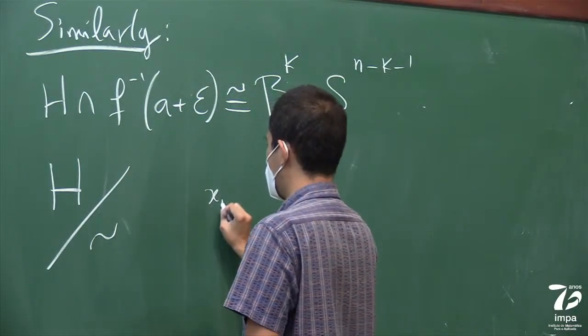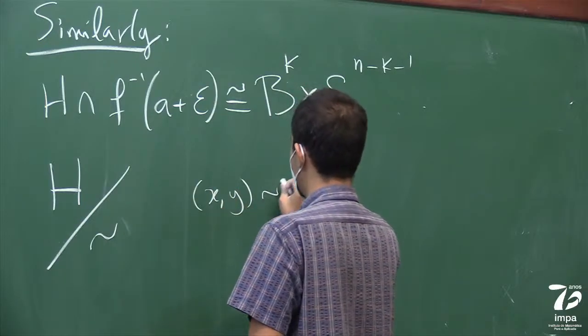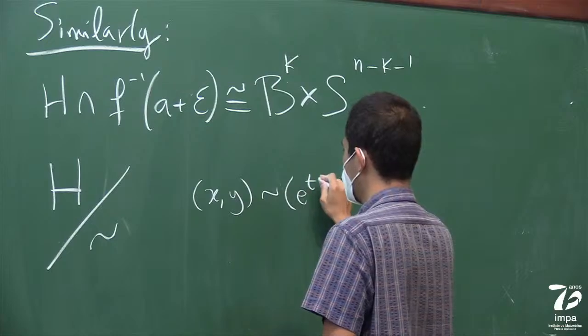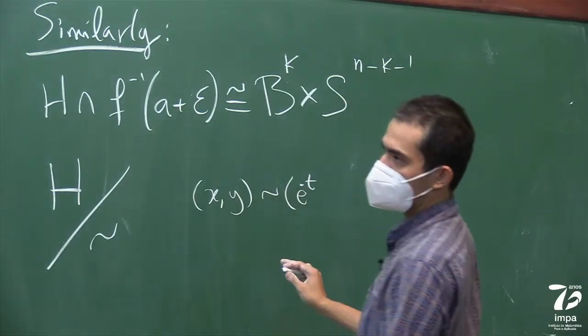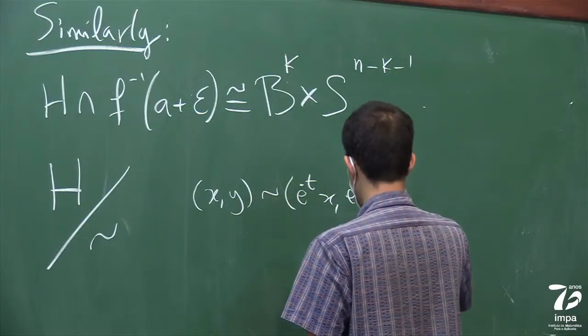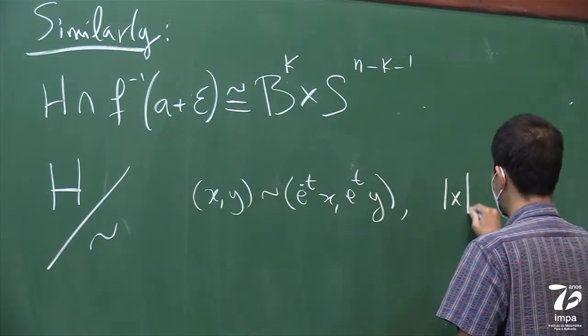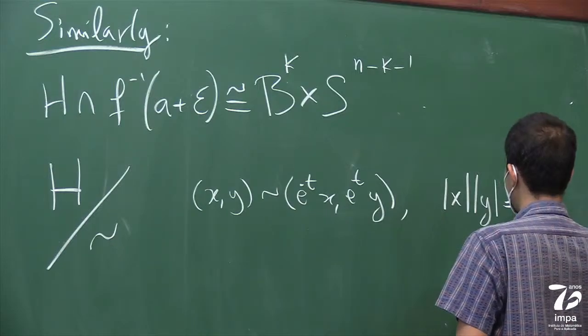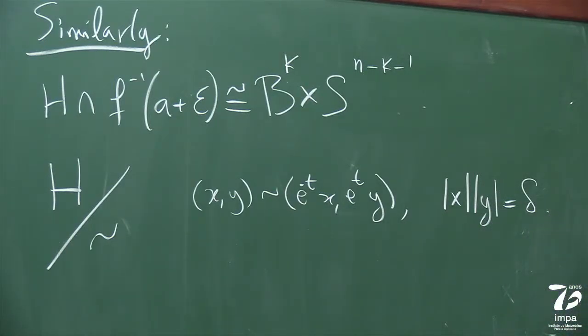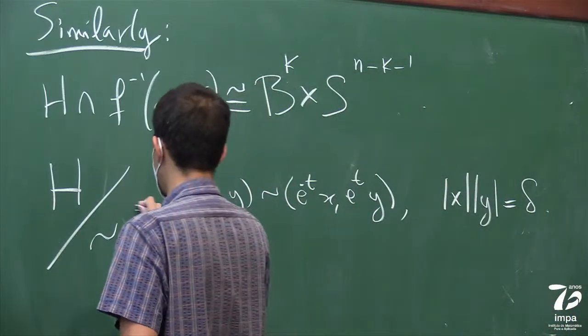So I want (x, y) to be equivalent to (e^(-t) x, e^t y) when the norm of x, norm of y is equal to delta. Okay, so this is what I was calling the H bar.